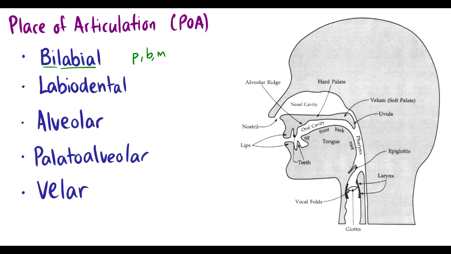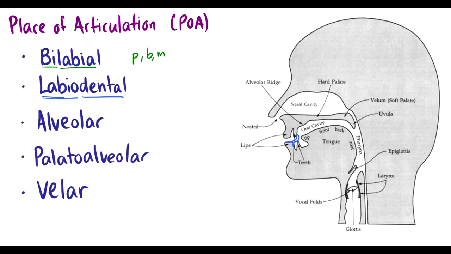Now, labiodental sounds: we have labio, which means lip, and then we have dental. Usually when you go to the dentist, you work on your teeth. So a labiodental sound is when your lip goes right behind your teeth and makes a sound.